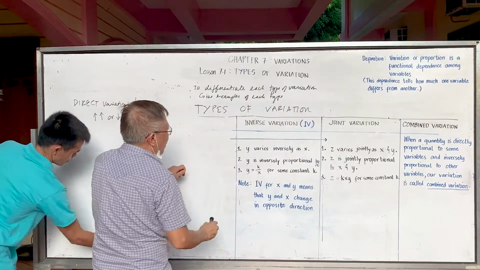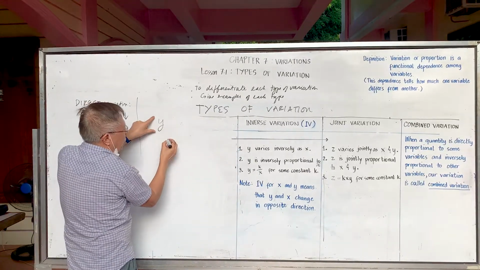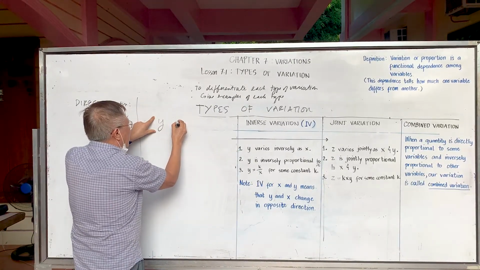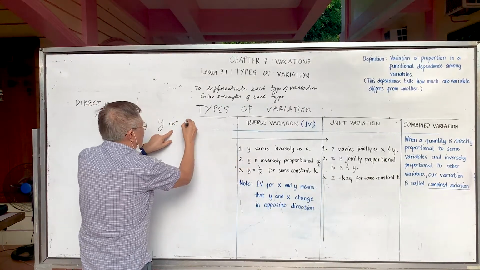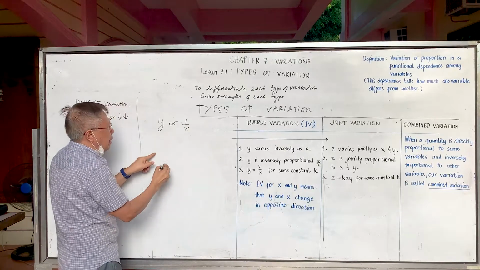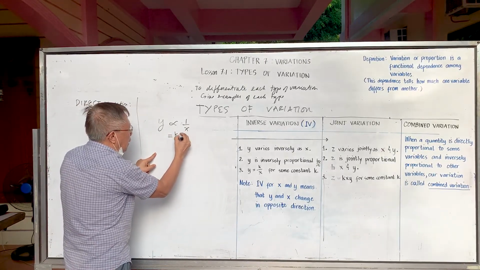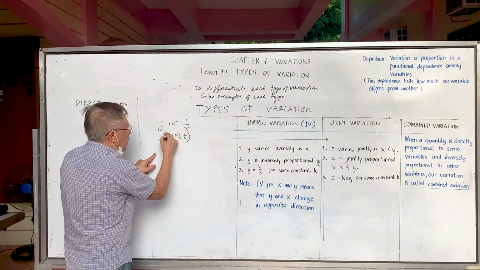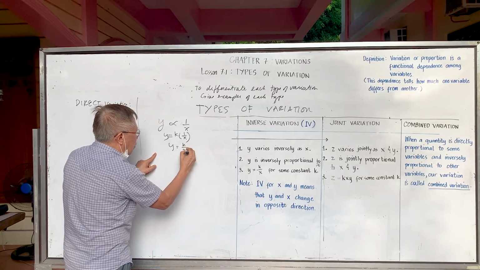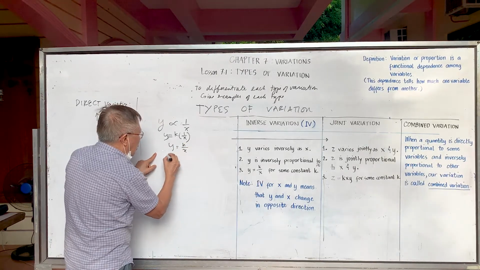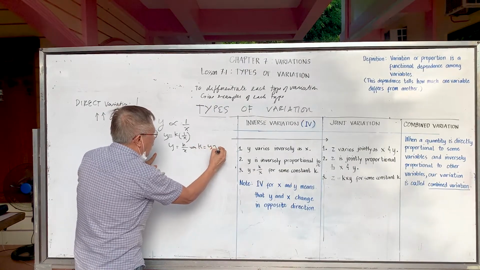Writing the variation relationship, I have here y varies inversely as x, so 1 over x there. Then I make this an equality. I will introduce the constant of proportionality so that I will have y equals k over x. Or, solving for k, I will get k equals yx.